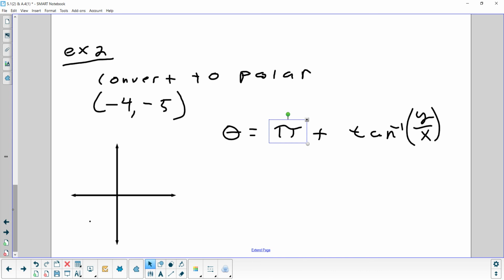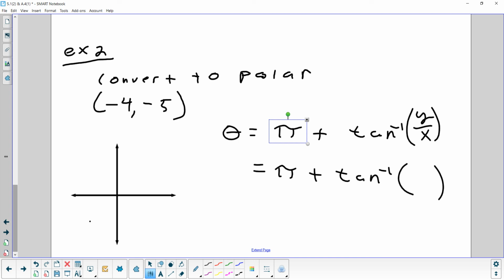That's it. All right, so theta equals pi plus inverse tangent of, now y and x are both negative, so they're going to cancel out. -5 over -4. So when I type it in, I'm just going to type in 5/4.